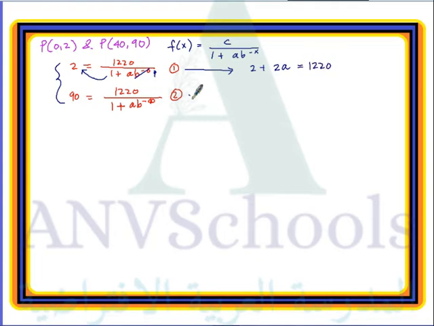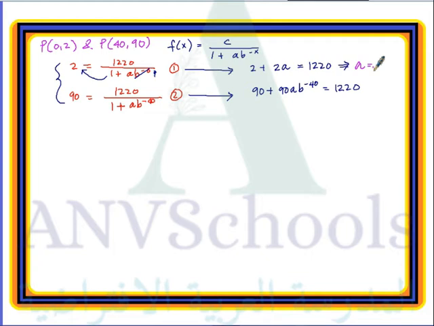And in here, this will be 90 plus 90a b to the negative 40 is equal to 1220. Therefore, computing for a here, that's 1220 minus 2, that's 1218.